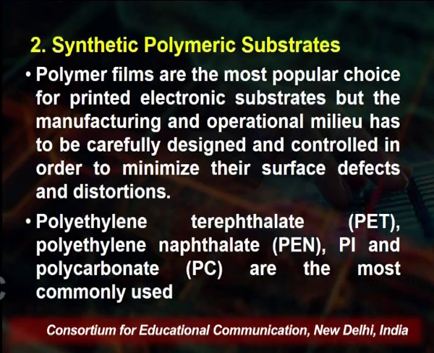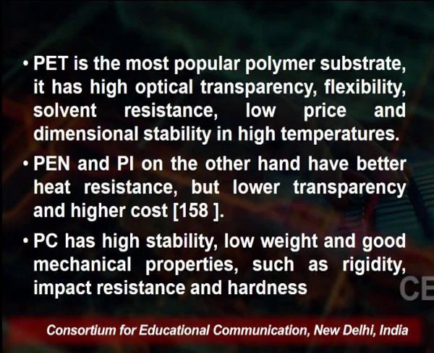Moreover, different types such as PET, PAN, PI and polycarbonates are most commonly used as synthetic polymer substrates. PET is the most popular polymer substrate, and nowadays it is used for the printing electronics, and we can print many devices by using this.